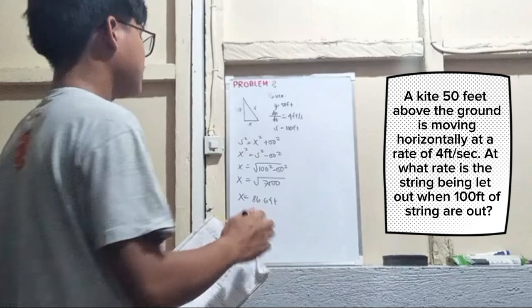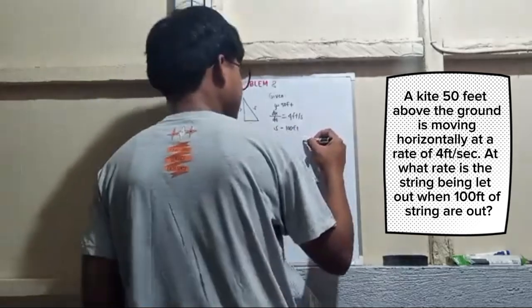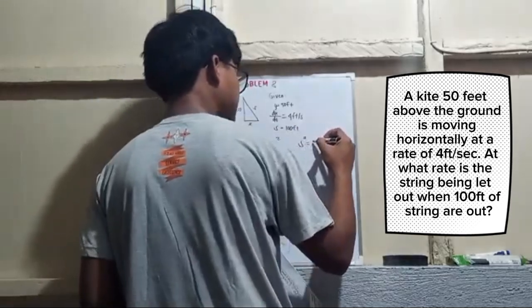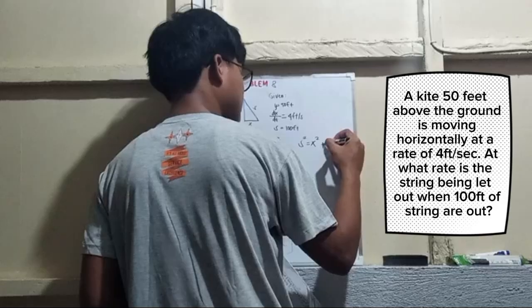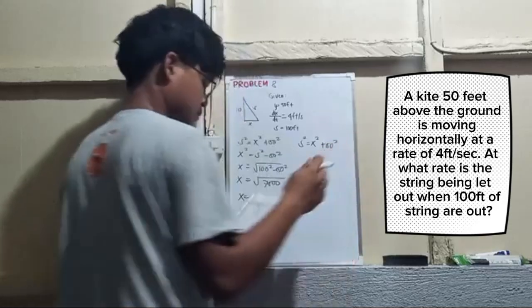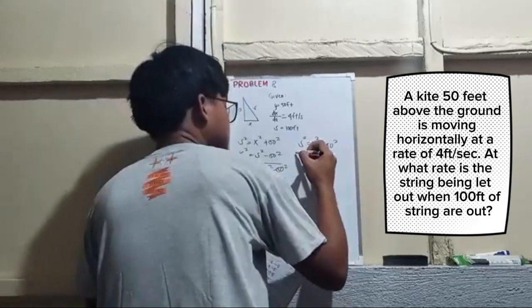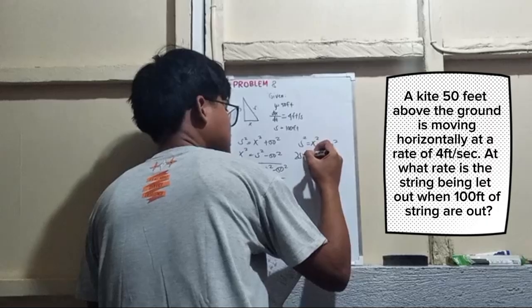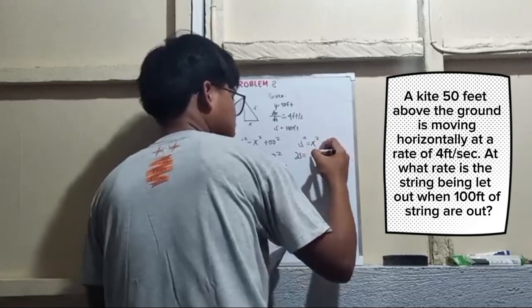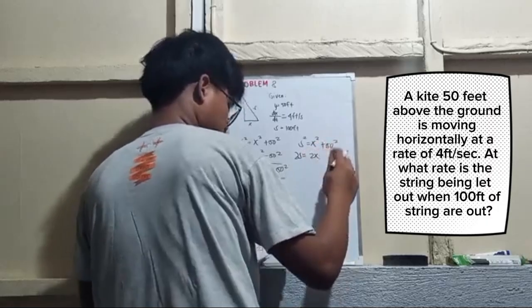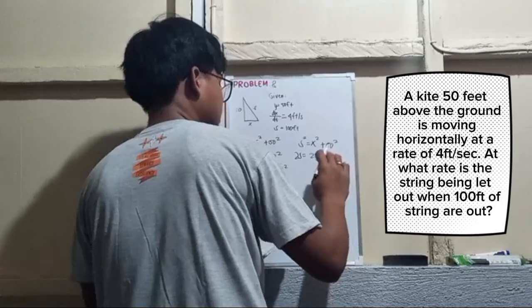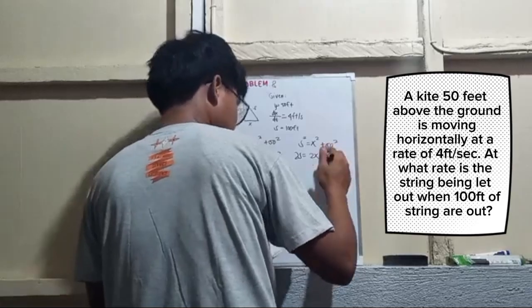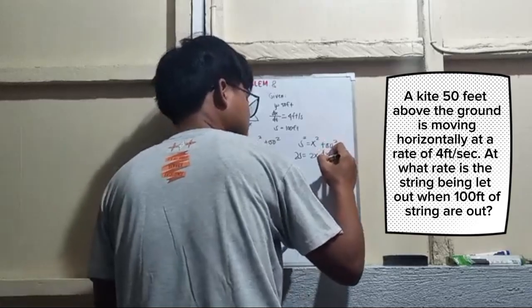Then we'll go back to the Pythagorean theorem, and now we'll differentiate the formula. So s squared gives 2s, x squared gives 2x, and 50 squared will be 0, so we have only the dx over dt.